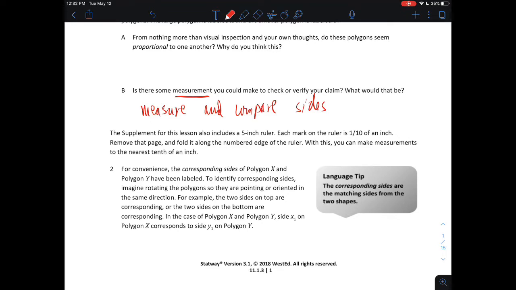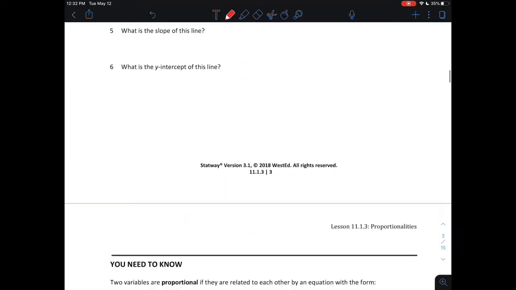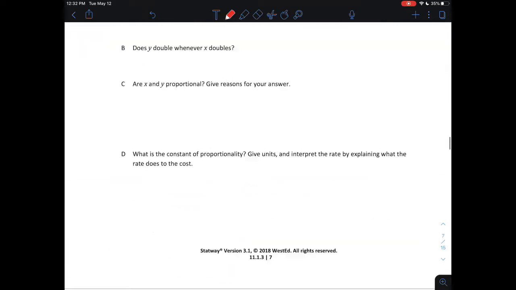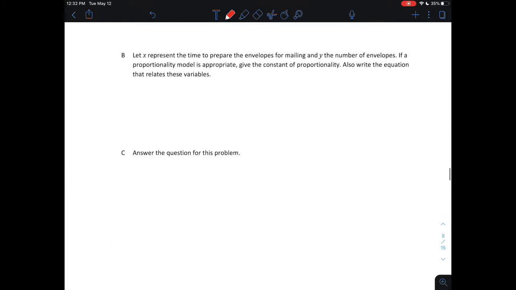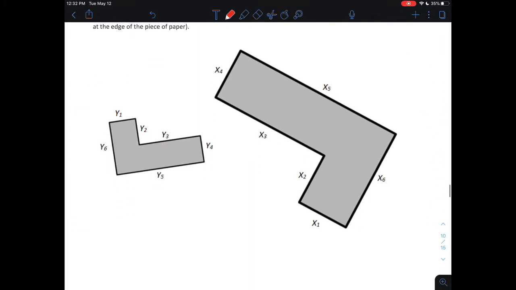So let's go take a look at those shapes and see those sides X1 and Y1. So you have polygon X is the larger shape, and X1 you can see is at the bottom of the shape. And here I'm just going to draw a red line on the side that is X1.